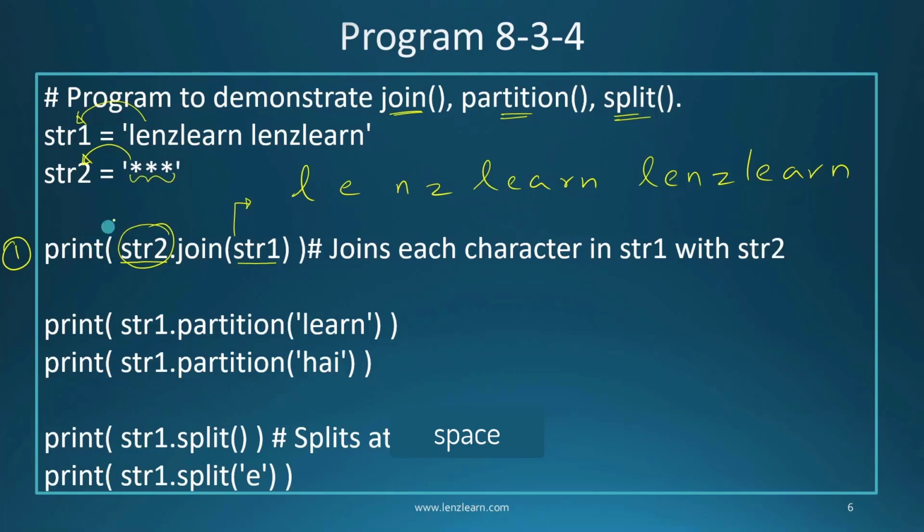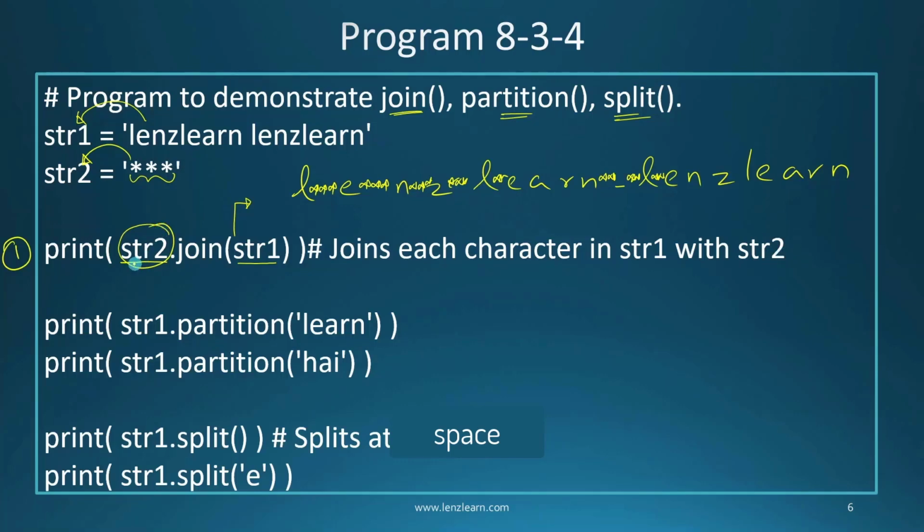That is 3 stars. So after l I will add 3 stars, after e 3 stars, after n 3 stars, after z 3 stars, after l 3 stars. It goes like that, right? And after this n, I will have 3 stars, then a space, then 3 stars, then l, afterwards again 3 stars. So you can see here it will join each character in str1 with the characters in str2.